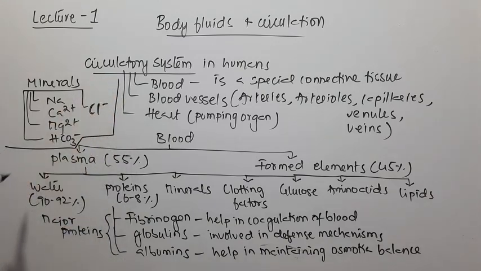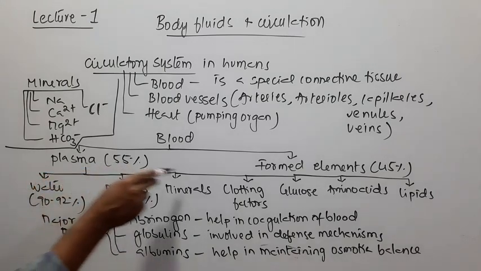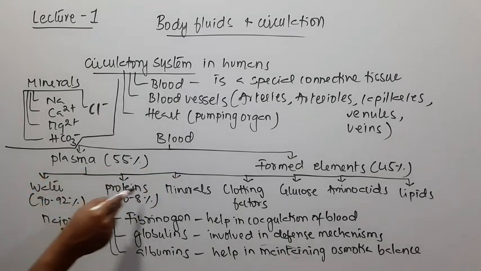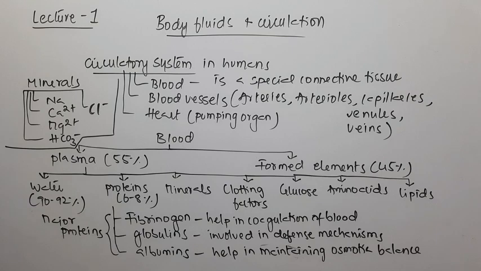So sodium, calcium, magnesium, bicarbonates and chlorides are the minerals present in plasma. So these are the components of plasma: water, proteins, minerals, clotting factors, which we'll see in the coming sessions, glucose, amino acids and lipids.